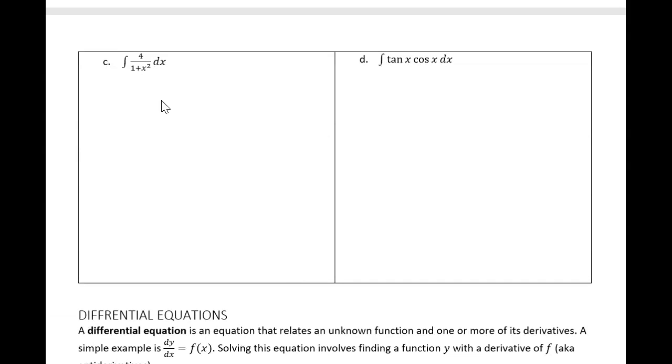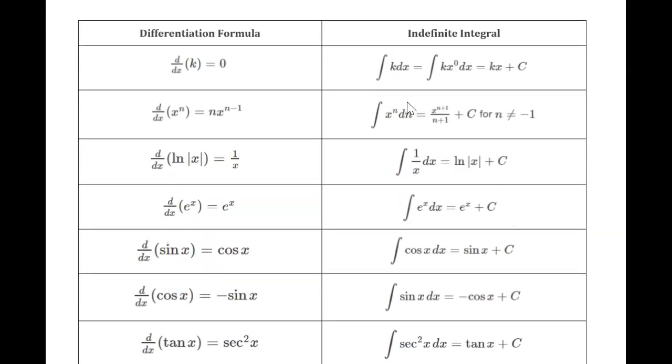Keep going. So this one's a little more complicated than the last examples, but it's not really if you know your rules. So the first thing I'm going to do is take out the 4, and then if you think about that table again, this fraction is actually meant to look familiar. So I'm going to scroll all the way up back to our list of integral rules.